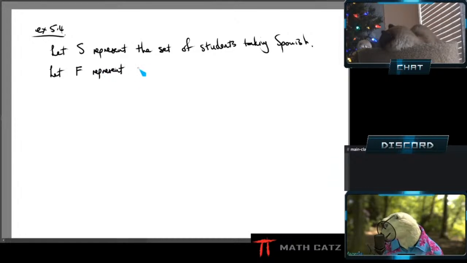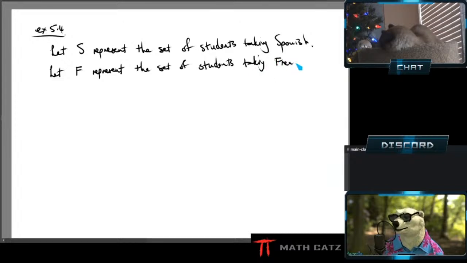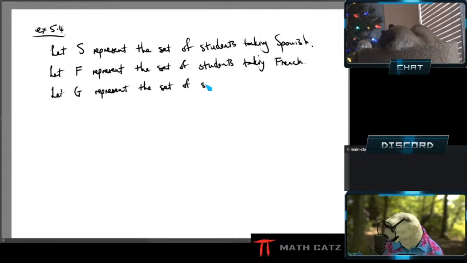It takes seconds to write these sentences. And G represents the set of students taking German.